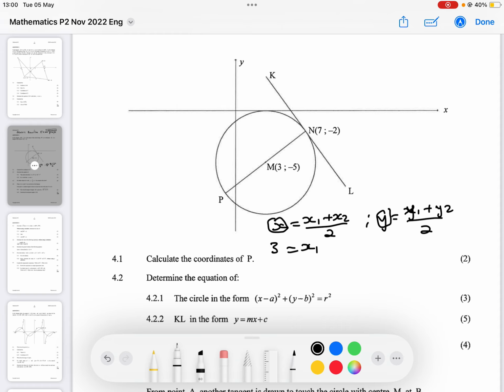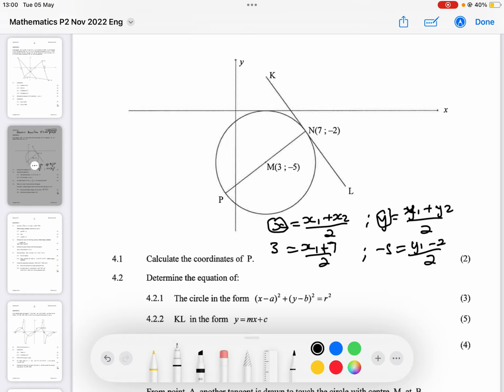Let's say we don't know x1, x2 will be 7, so plus 7, then divide by 2. Do the same thing: y at midpoint is minus 5 equals y1, which we don't know, plus y2, which is minus 2, divided by 2.